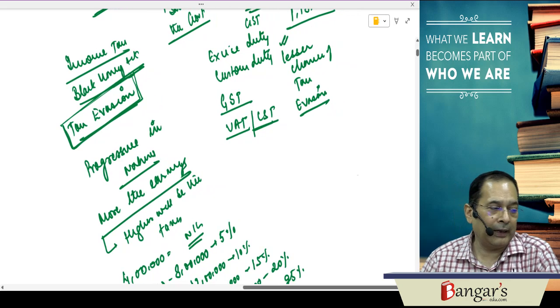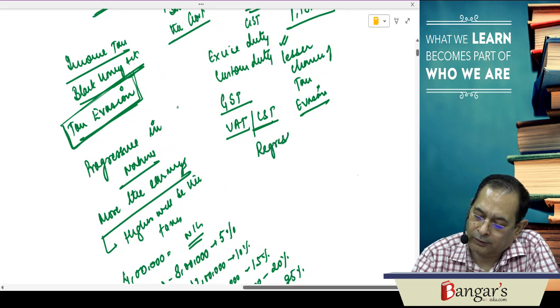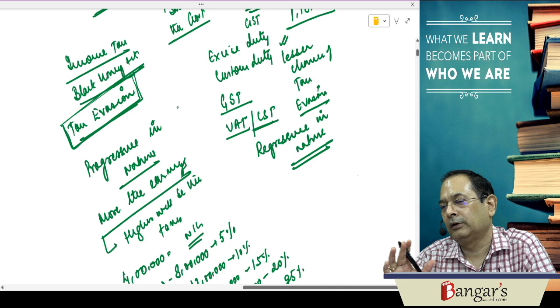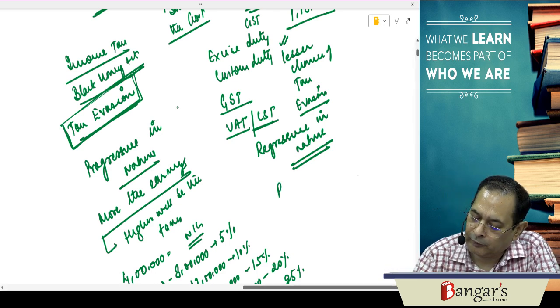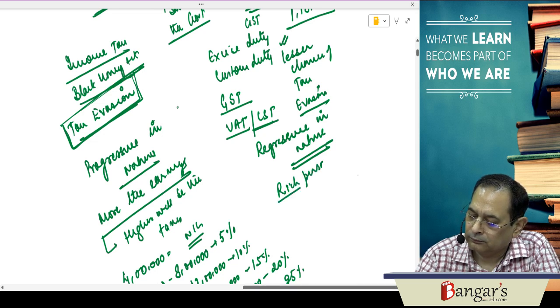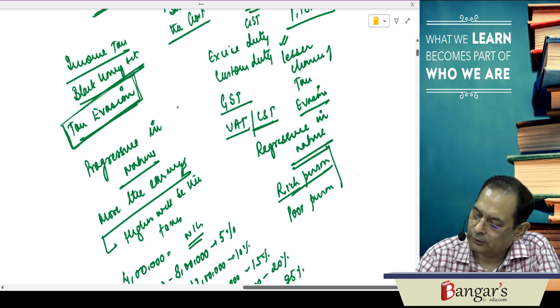Now, in case of indirect taxes, they are normally regressive in nature. Here, whether it is a rich person or a poor person, the rate of tax remains the same.